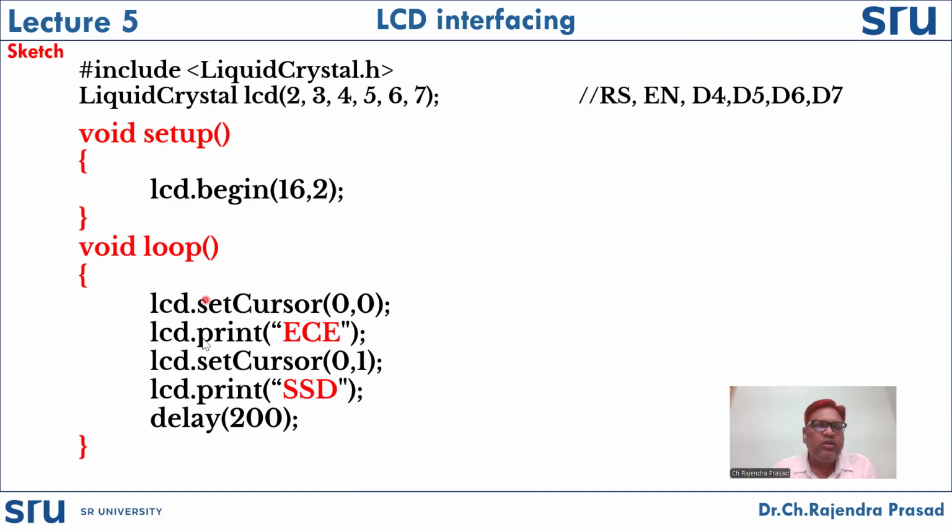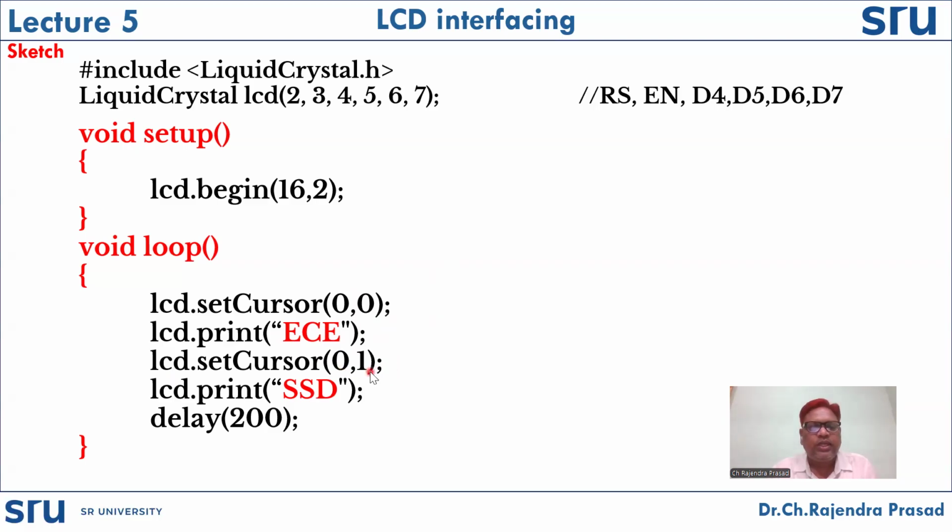And then within the loop function, I wrote the actual code. First, I selected position 0 and line number 0, and I entered the message ECE in the first line from the first position, and then I set the cursor position to the second line.